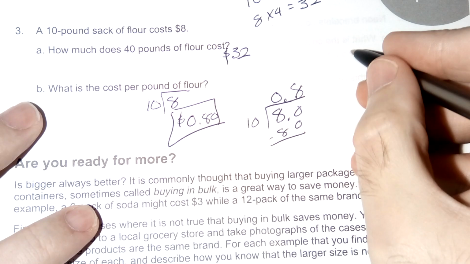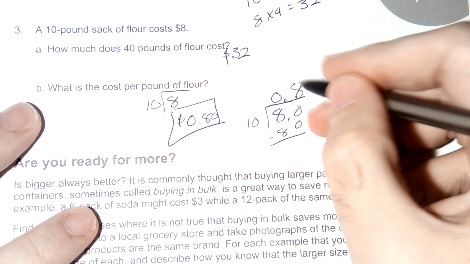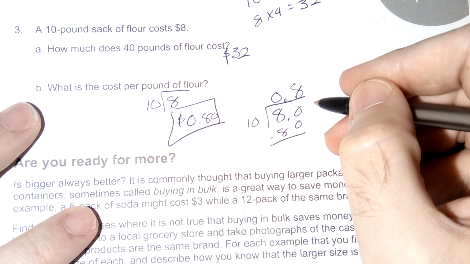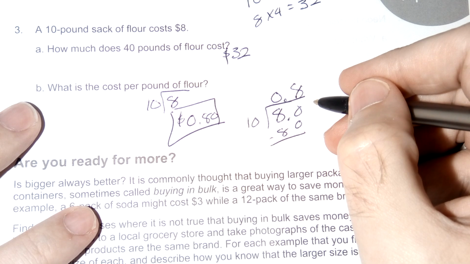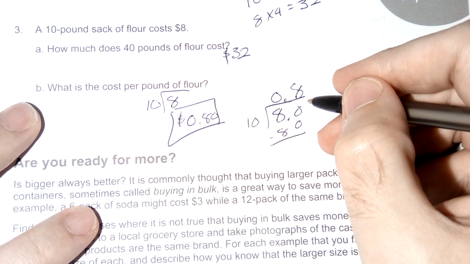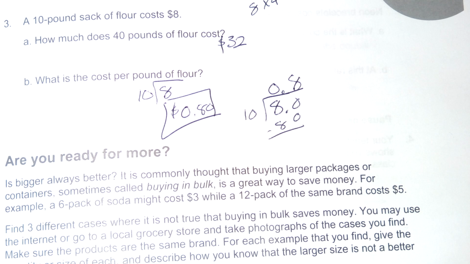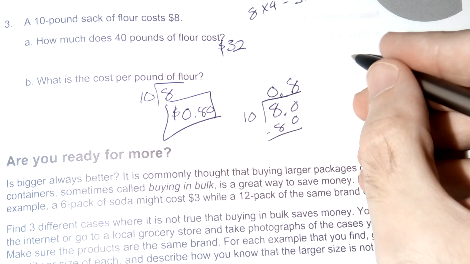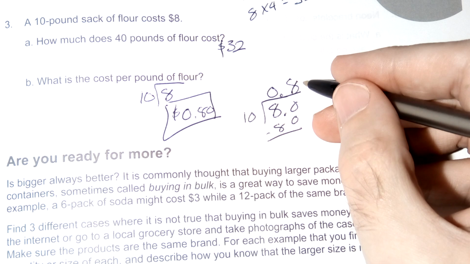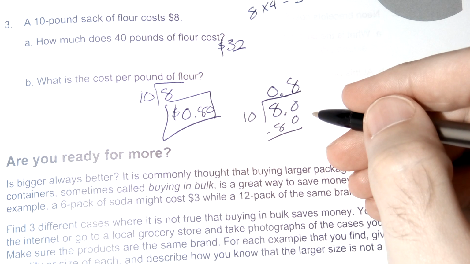It's a little difficult, though, with diagrams because of the decimal aspect. It's hard to find out for the price of 1 when we've got decimals. Because it's hard to draw 0.8 of something for a diagram.